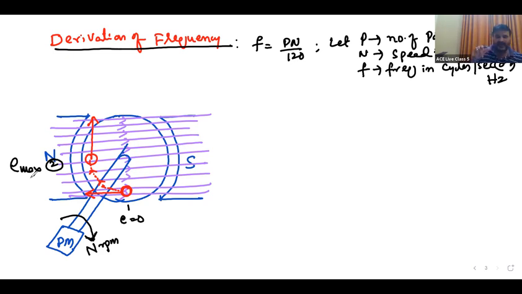What is the polarity of the induced EMF? Given the flux direction and the motion of the conductor, the current is inwards, a cross. I am taking the diagram so that the conductor is perpendicular to the board. The machine is circular, kept vertically; from the top view it looks like a circle. So with flux direction and motion of the conductor, the current is inwards, cross. That is maximum.